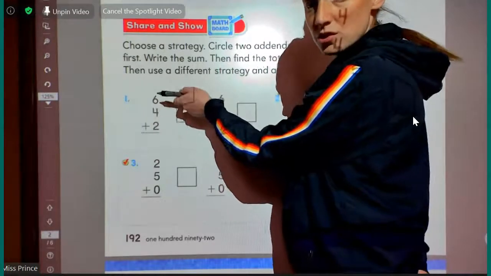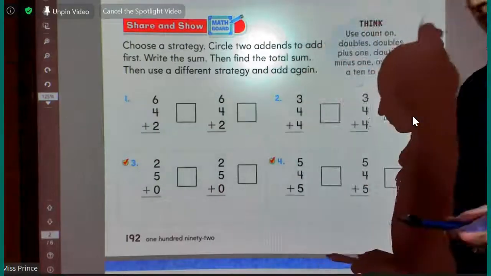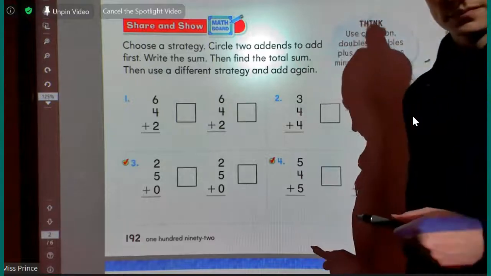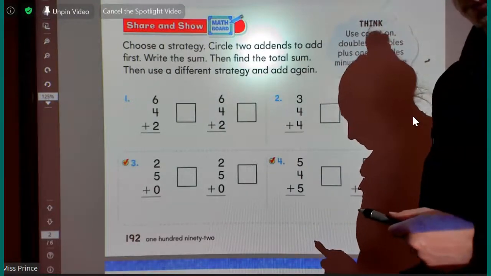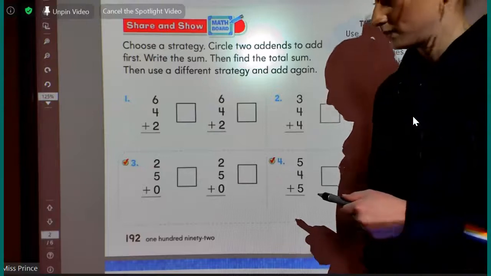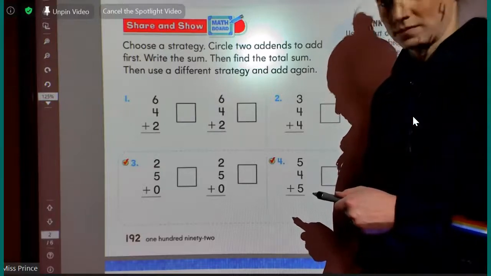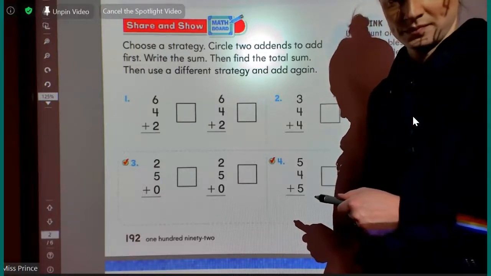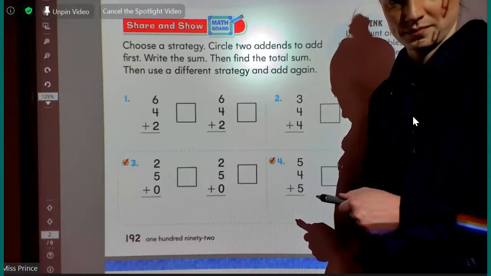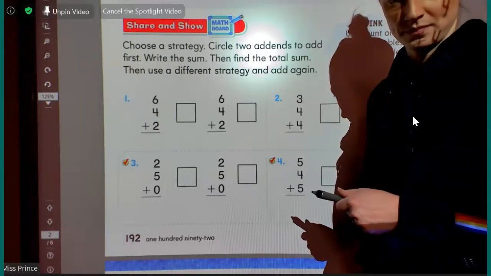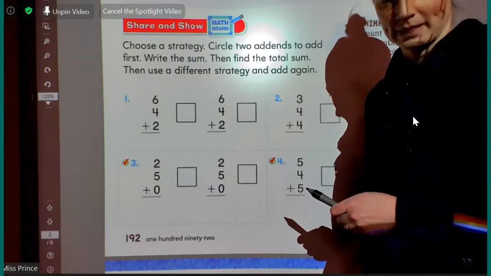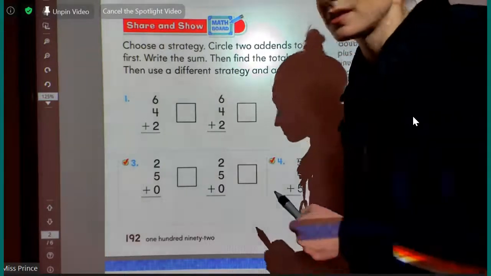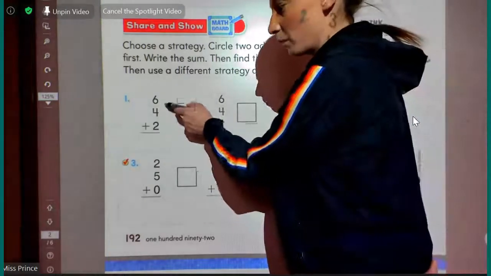Can you tell me which 2 we should pick? If I wanted to build a 6 out of these numbers, Kieran, which 2 should I pick?